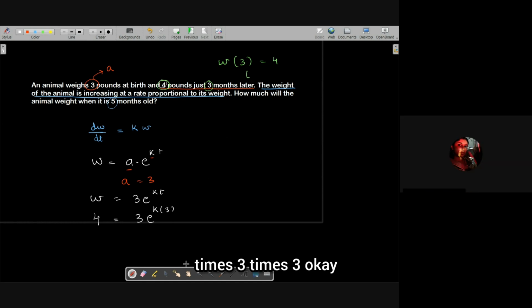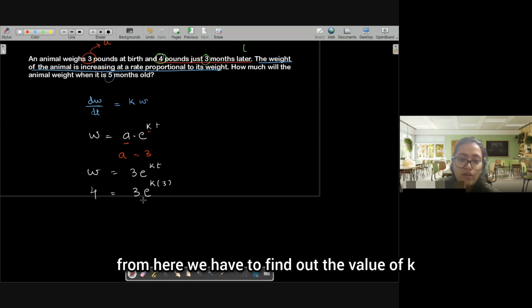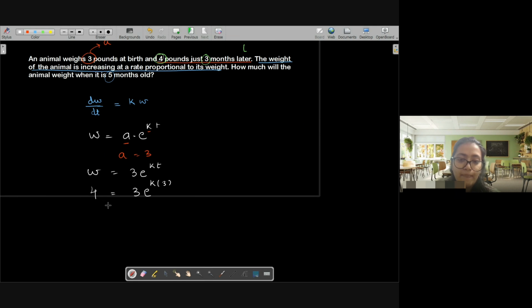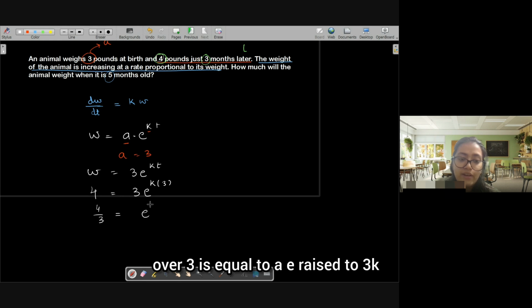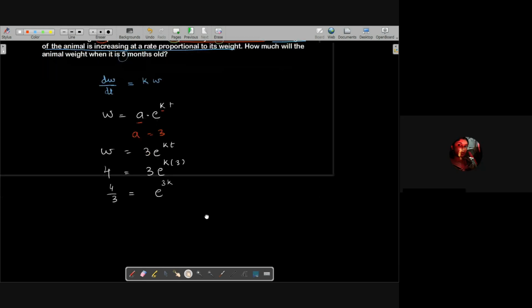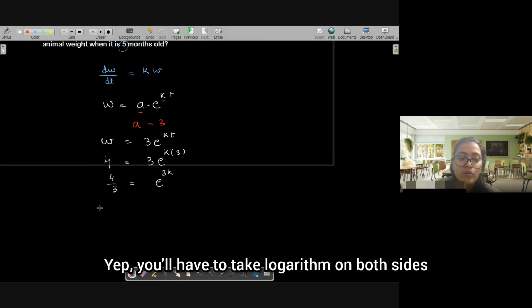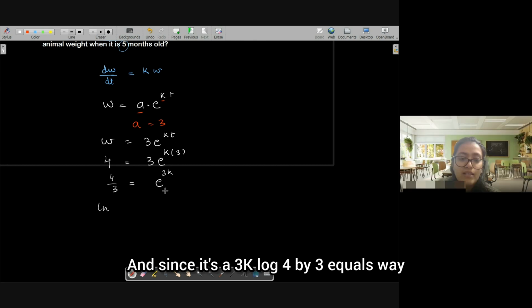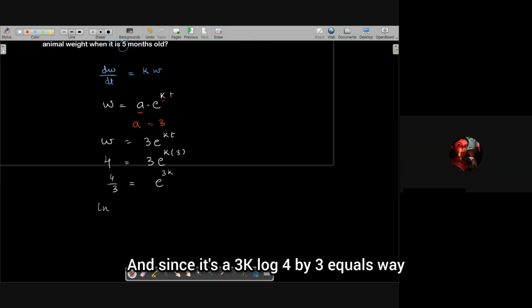From here, we have to find out the value of k. First, you can divide by 3. 4 over 3 is equal to e raised to 3k. You'll have to take logarithm on both sides.